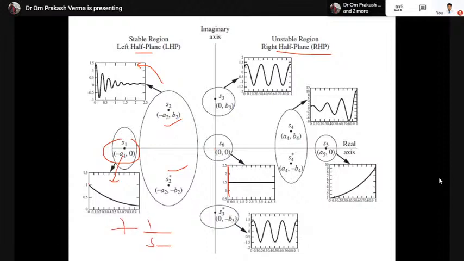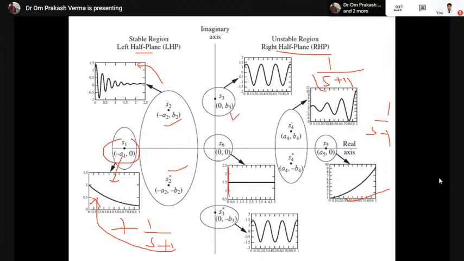Now, when the positive poles are there, it is 1 upon s minus 1. Again, this type of problem will come, and we have already seen 1 upon s plus 1 whole square. This one and this one will come like this.